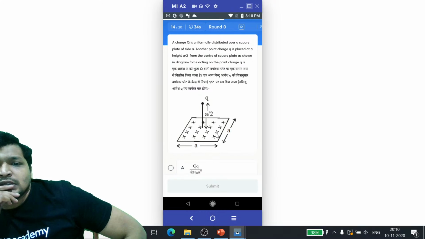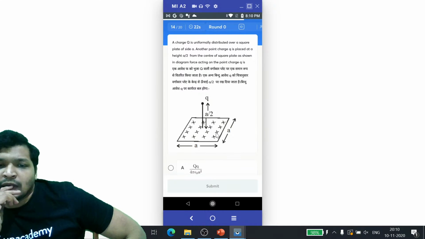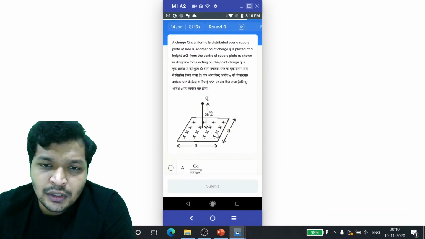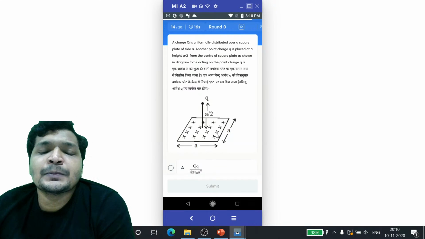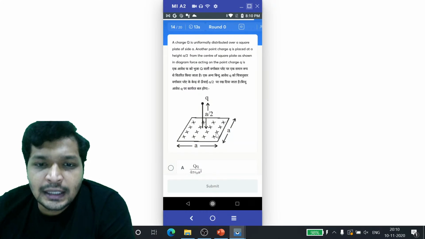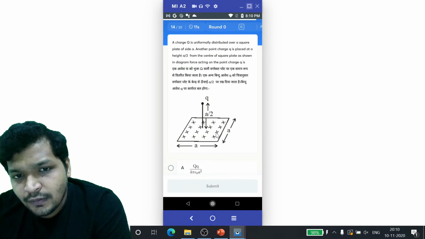Now you can't go by Gauss law. You can take each small element to be a ring and solve it.